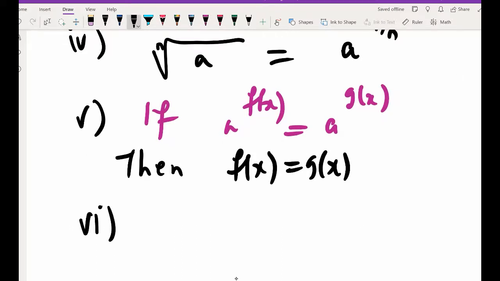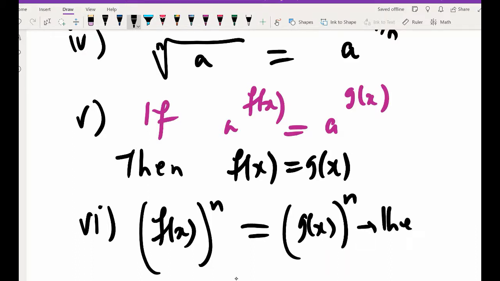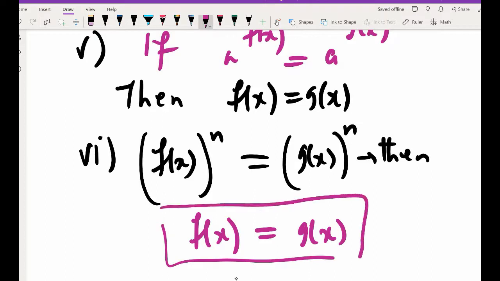The last one for this part is, if you have f(x)^n equals g(x)^n, then understand that the base f(x) is going to be compared with g(x). So we are going to use these rules in solving questions related to exponents.